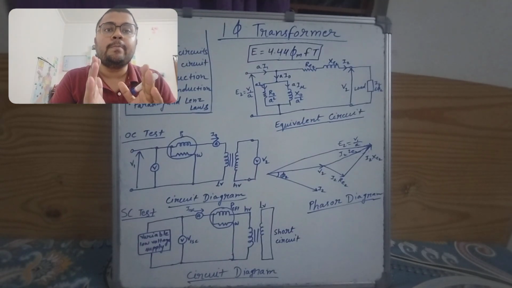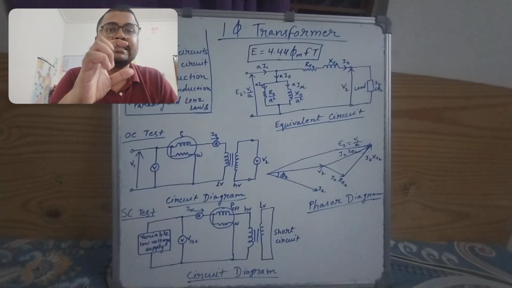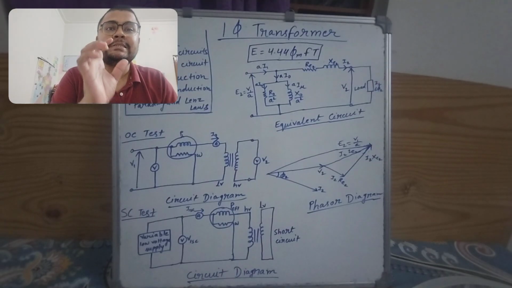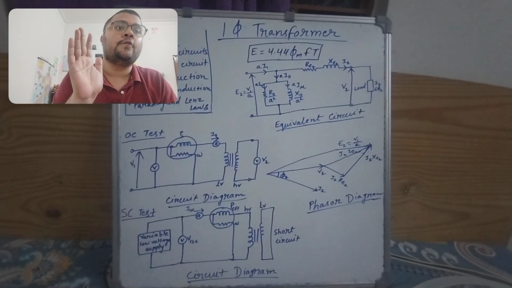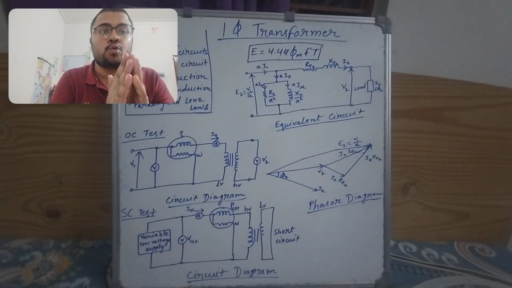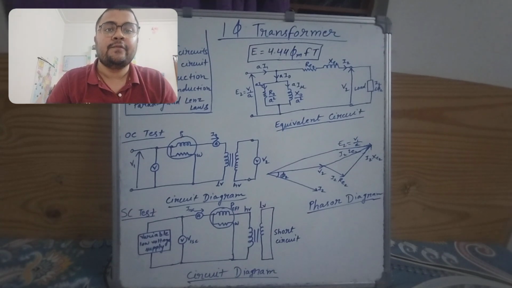The phasor sum of I2 RE2 and I2 XE2 gives us I2 ZE2. Then the phasor sum of V2 and I2 ZE2 gives us the final E2, which is the EMF. This is how we can draw the phasor diagram.